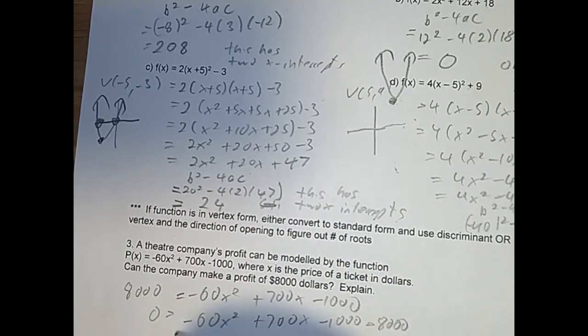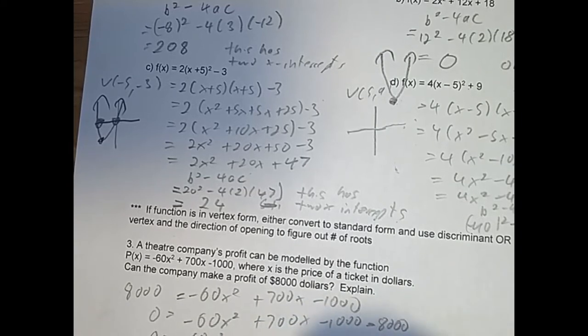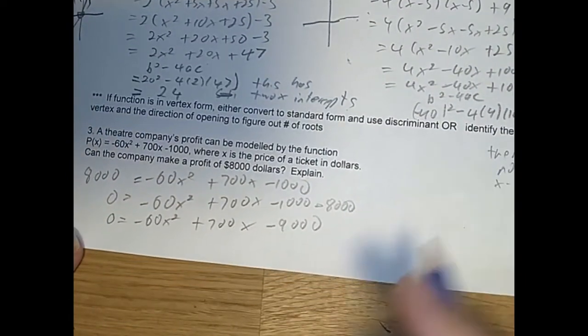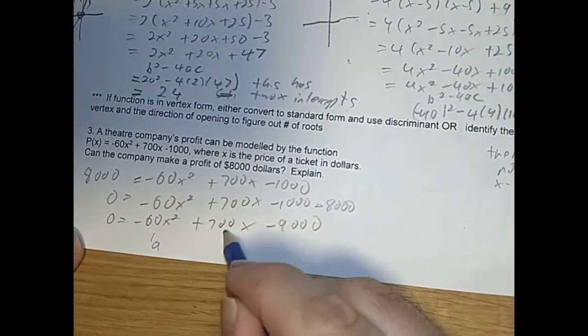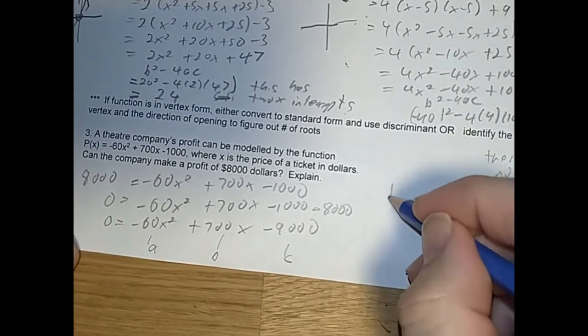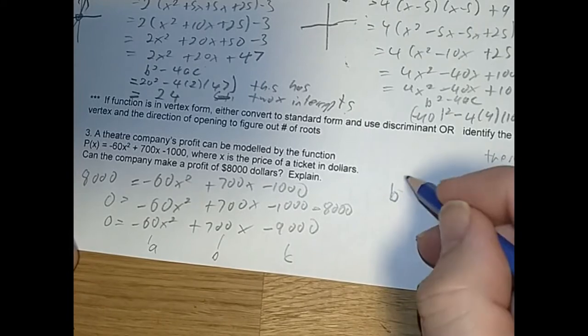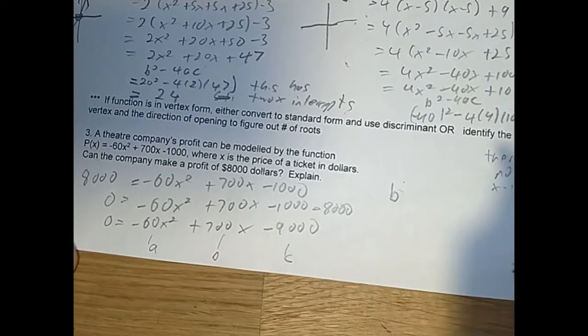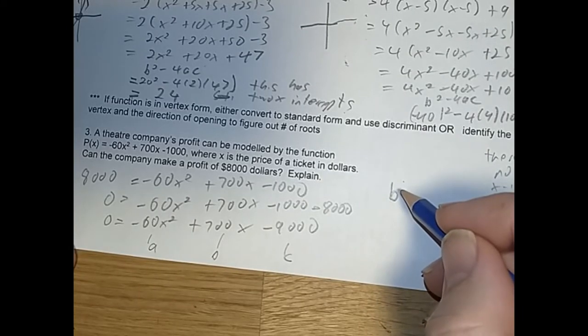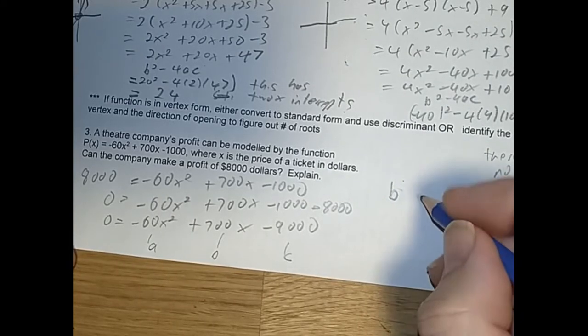And then here, 0 equals minus 60x squared plus 700x, and here's minus 9,000. So can it make this profit? This is my a, b, c, and we can plug that in. If this is positive, we know it can make a profit. If it's 0, we're not sure, but if it's positive, we know for sure it can.